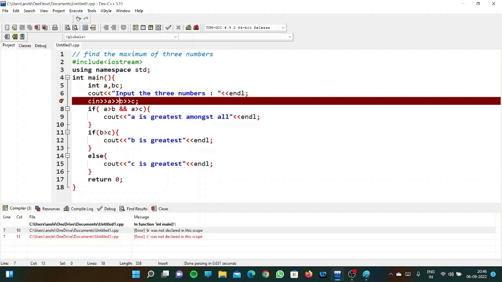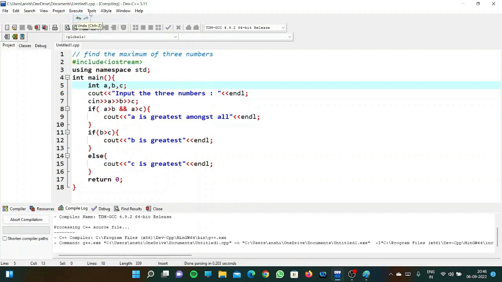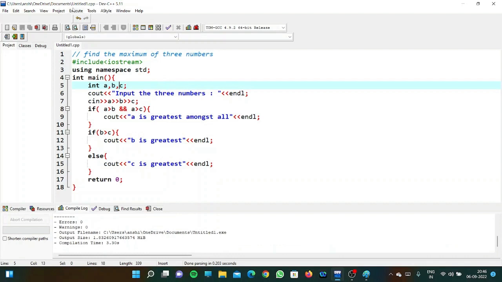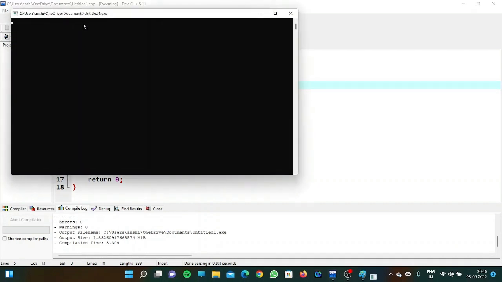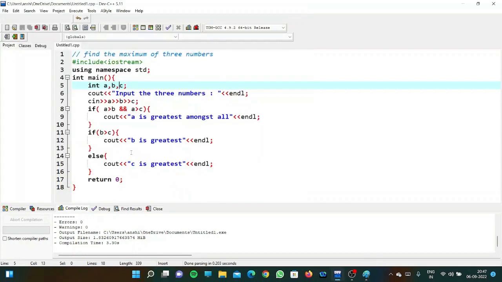There's something wrong. I didn't put a comma between them. Okay, so the program has compiled. Let's run. 8, 2, 6. A is greatest amongst all. But why is it printing C is greatest?